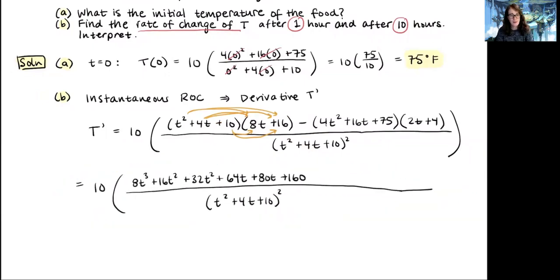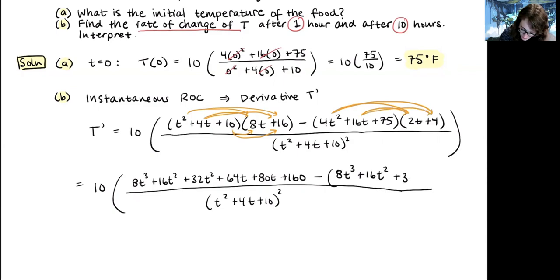Okay, then we will subtract what we get when we distribute the other 3-term polynomial times the 2-term polynomial. So let's put a big set of parentheses here so we don't forget to distribute the minus sign. So let's distribute the 4t squared into the 2t and the 4. All right, so that is 8t cubed plus 16t squared. Then we'll distribute the 16t into the 2t and the 4.